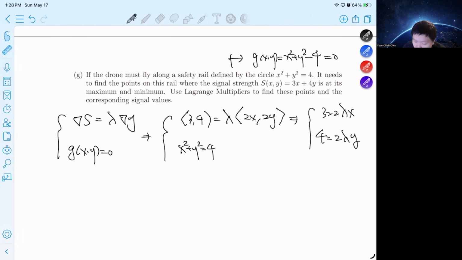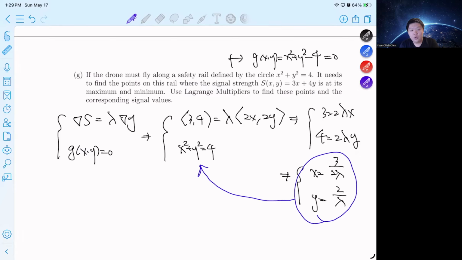So we can rewrite x as 3 over 2 lambda, and y as 2 over lambda. Now x and y are both in terms of lambda, so let's plug them in and solve for lambda, since everything becomes a function of one variable.